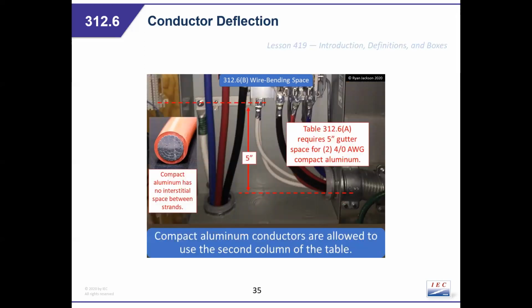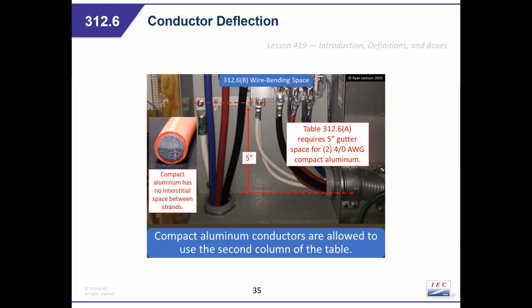So, conductor deflection. We're talking about compact aluminum, which has no interstitial space between strands, so there's no space in there. Table 312.6a requires 5-inch gutter space for two 4-aught compact aluminum.